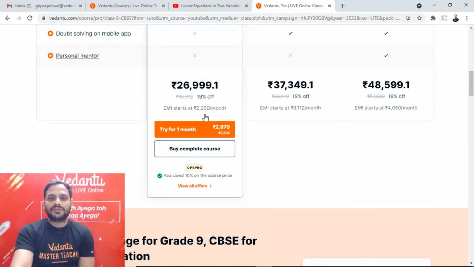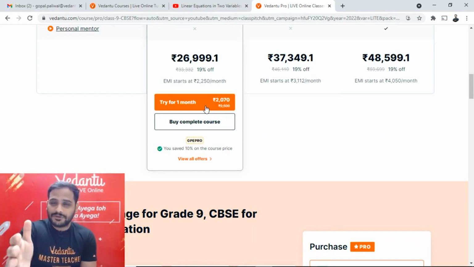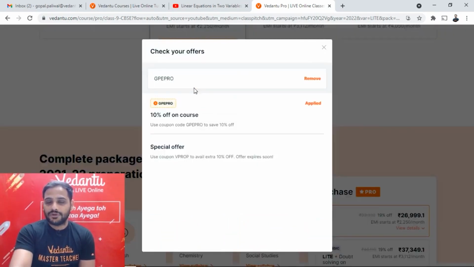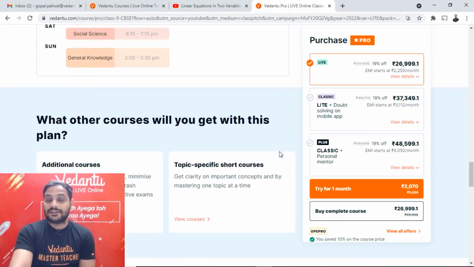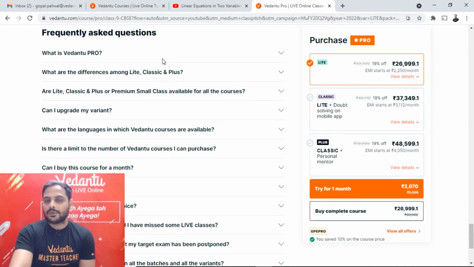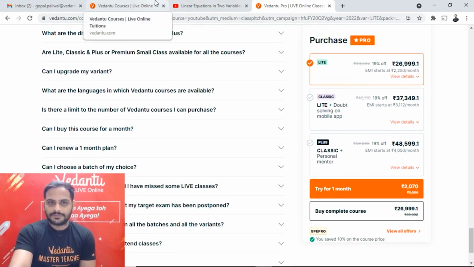If you want, you can try it for 1 month, or you can buy the complete course directly, because you are getting Vedantu improvement promise, that is guaranteed improvement. The only important thing is, don't forget to write GPE Pro if it is not applied, to get 10% off. Any other doubt you have which I was not able to answer, please don't forget to go through the frequently asked questions at the bottom of the page, and your query will be resolved.